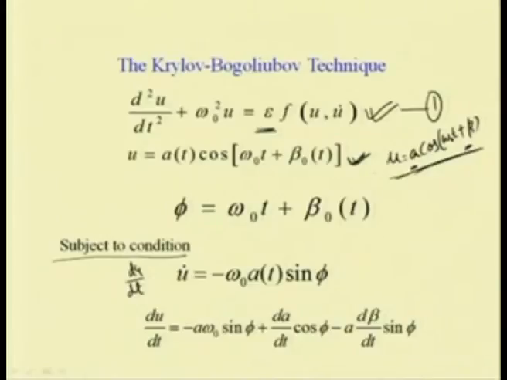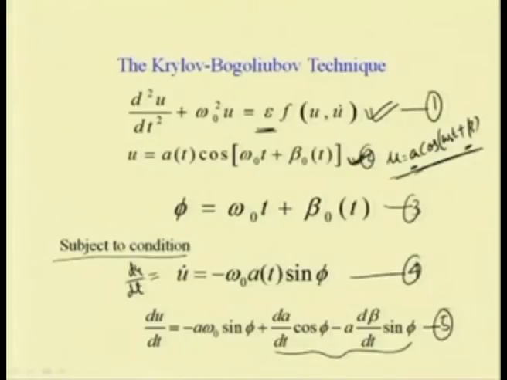So, comparing these two equations, let this be equation 2, this equation 3, and this equation 4 and 5. Comparing equation 4 and 5, we can write that these two terms should be equal to 0. Here we are putting the condition that du by dt equal to minus omega 0 a(t) sin phi.